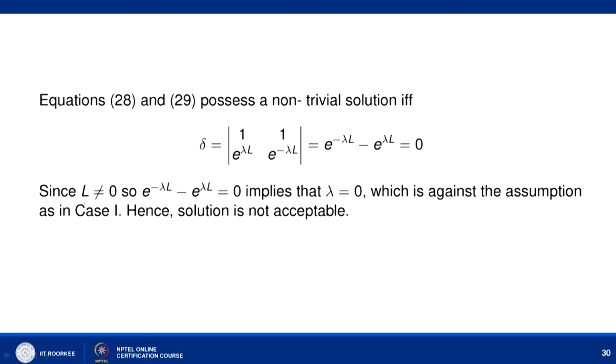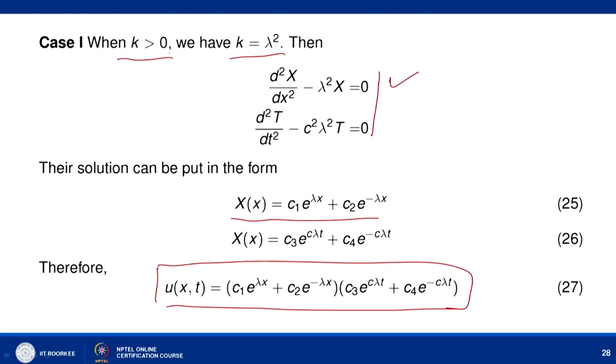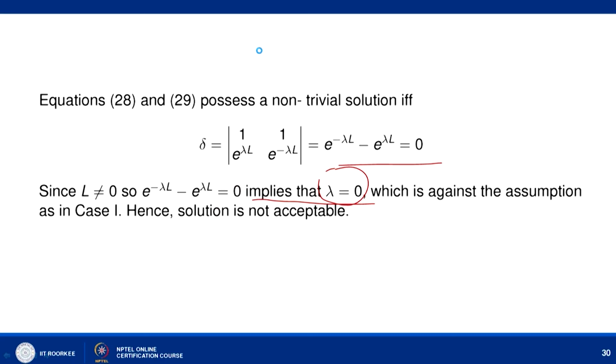Since this value is non-zero, it implies that λ has to be 0. So this determinant has value 0 provided λ is equal to 0, but we have assumed that λ is non-zero, because we have assumed that k is greater than 0. So λ cannot be 0, but this determinant has value 0 when λ is equal to 0.